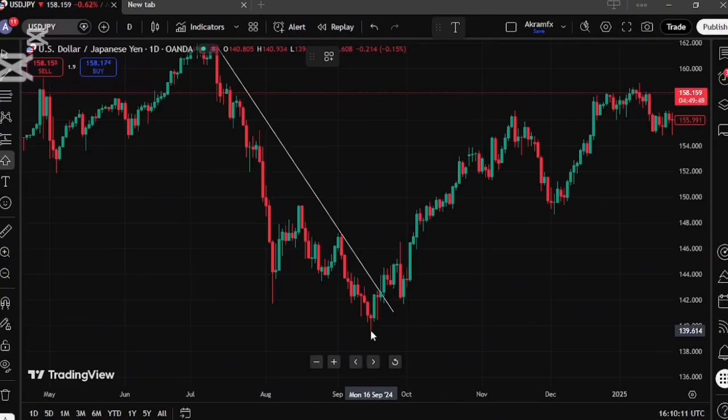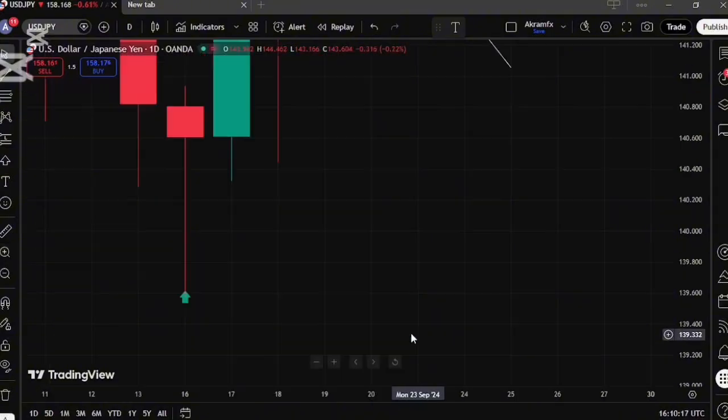We say that a hammer is a candlestick with a long wick downwards with either a small or no wick up. Now this one is having a wick up. Some will be having no wick up, and this is a hammer.